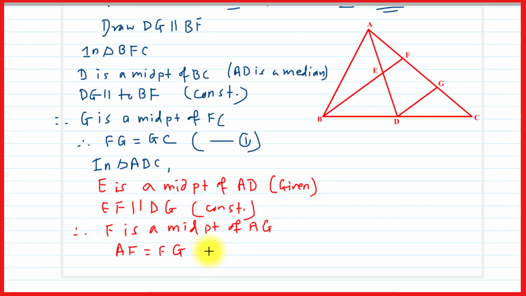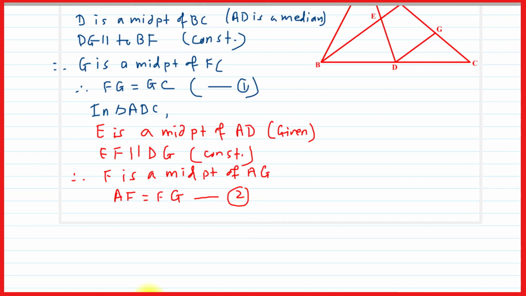Let this be number 2. From 1 and 2, we can say that AF is equal to FG is equal to GC.